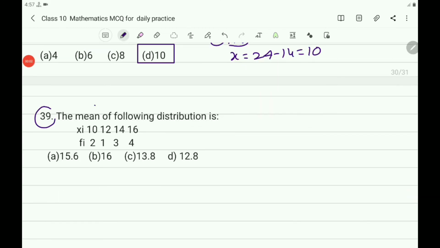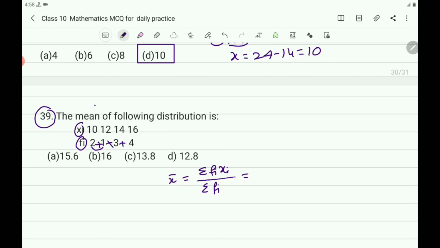Now question 39. The mean of the following distribution. Here xi is given, fi is given. x bar equals summation of fi xi divided by sum of fi. So the sum of fi is 1 plus 2 plus 1 plus 3 plus 4.